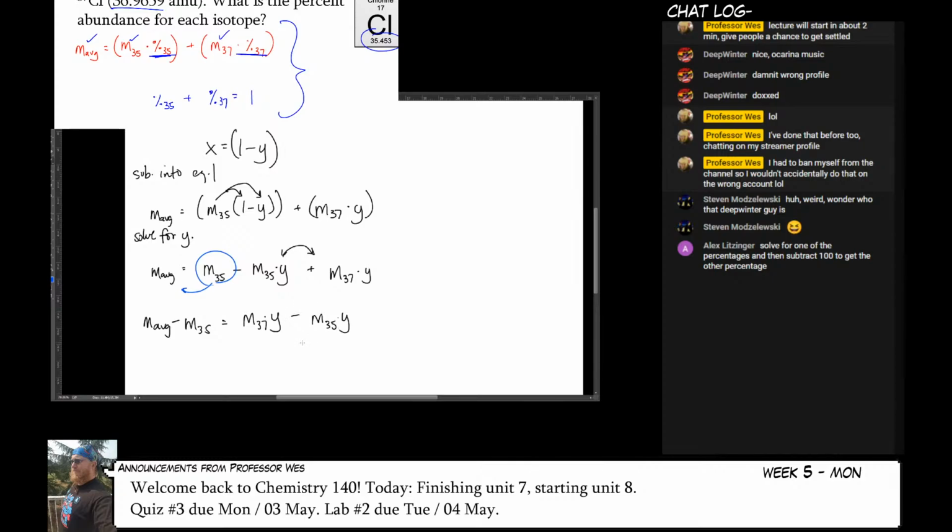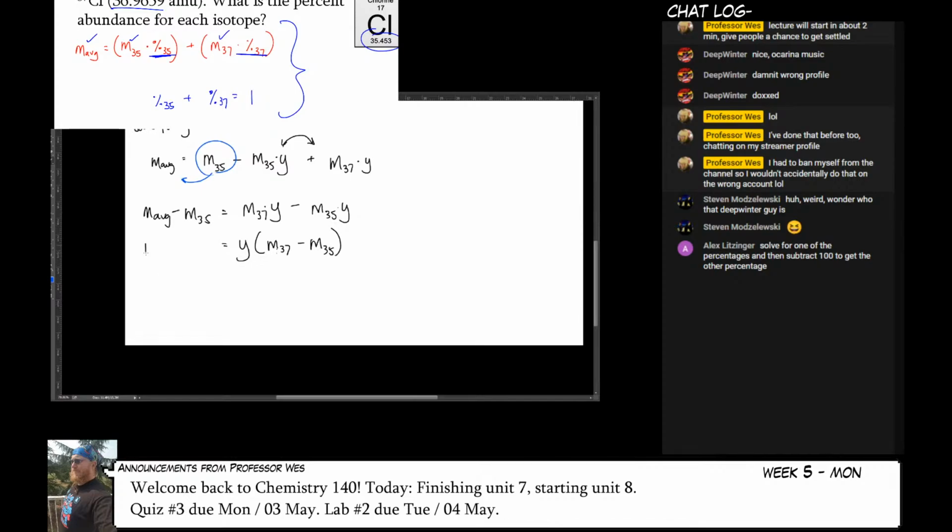Now I have two terms with y's in them. How do I solve for y? Well, I can factor out y, right? That's the same as me writing this. That was supposed to be a 3. Right? I could do that. That still equals this.